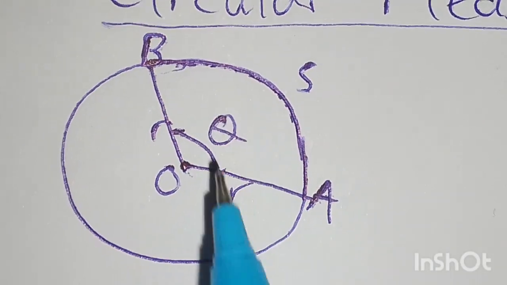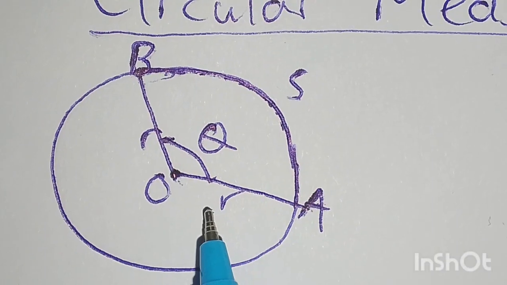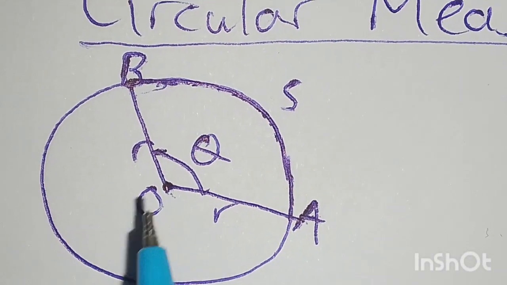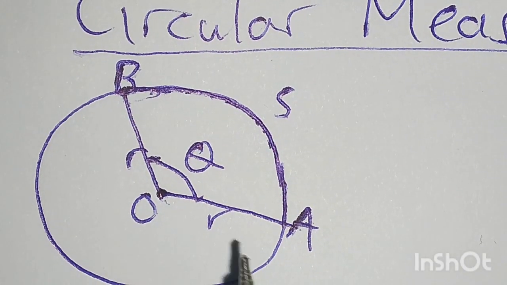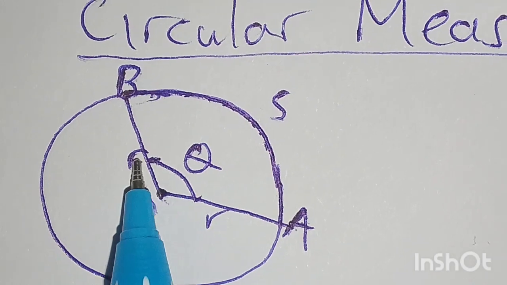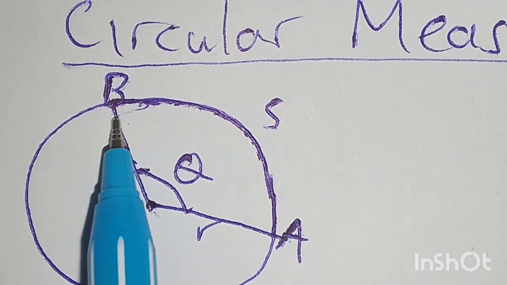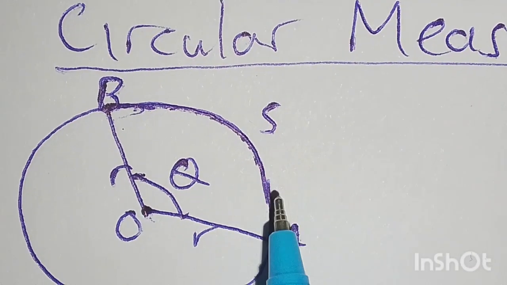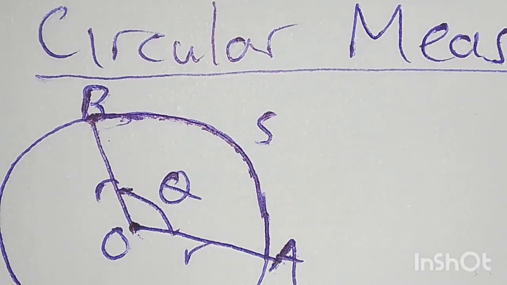From this sector, we have a radius R and two radii, OA and OB. We also have the angle here, which we call theta. We also have the length from A to B, or from B to A, which is denoted by the letter S. This is the arc length.